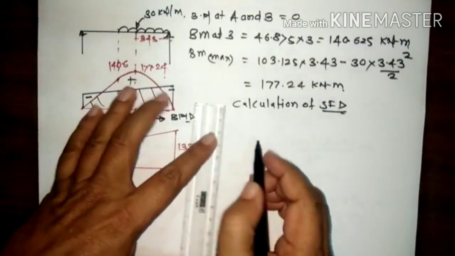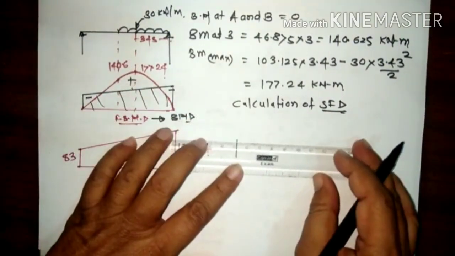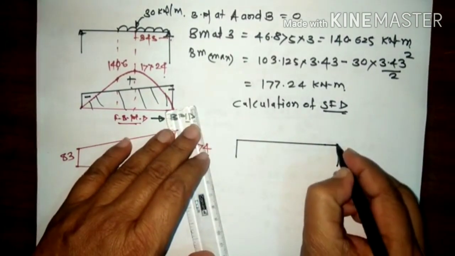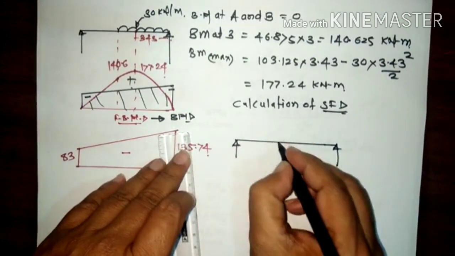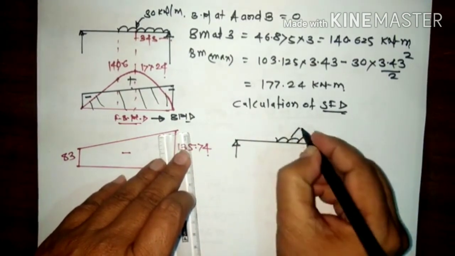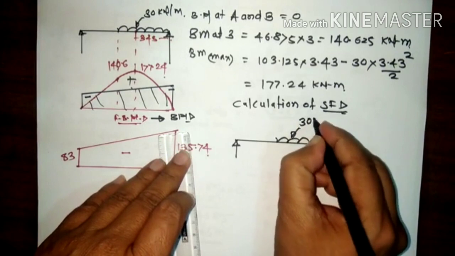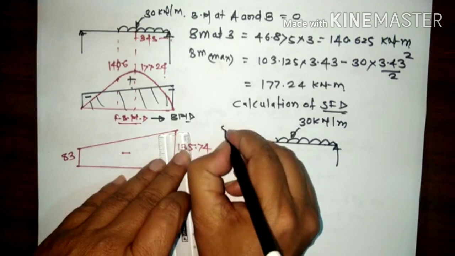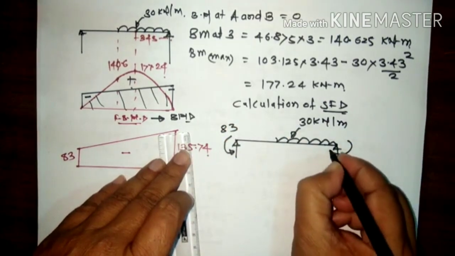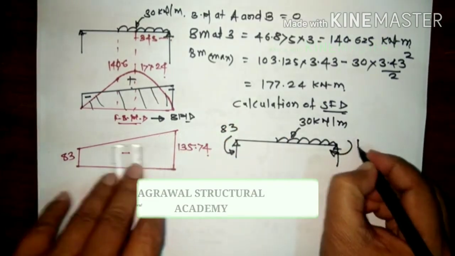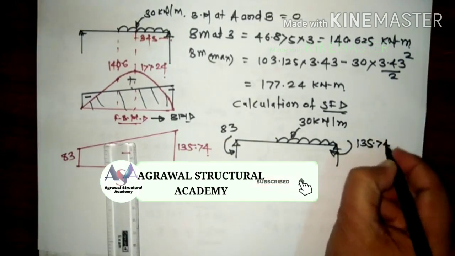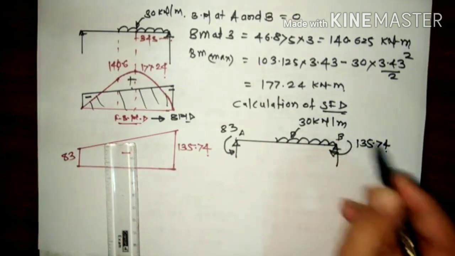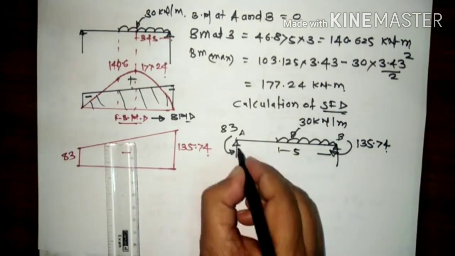So again we redraw this beam like this, with kN per meter. This is 83 and this is 135.74. Here is A and this is B. This is 5 meter, and this is 3 meter.